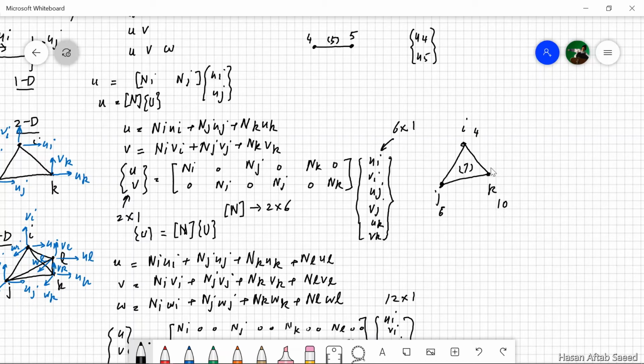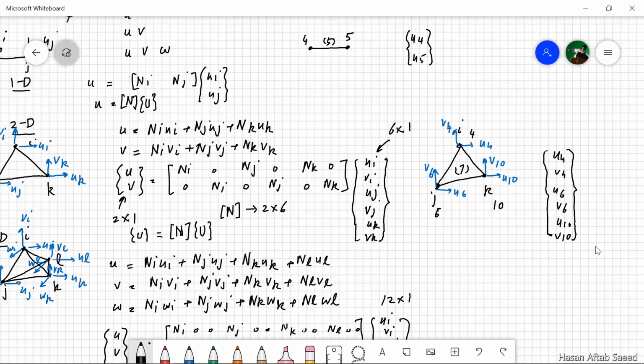That is because in this case, there'll be a U4 and a V4, U6 and a V6, U10 and V10 here. In the original scheme, this is simply U4, V4, U6, V6, U10, V10. This is the displacement vector for this element according to the original notation.